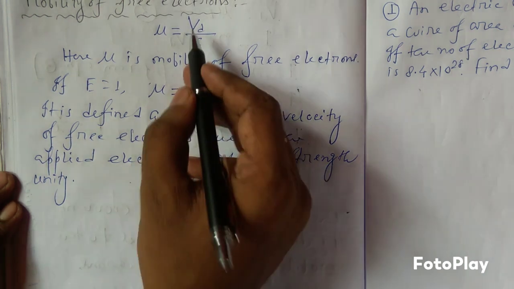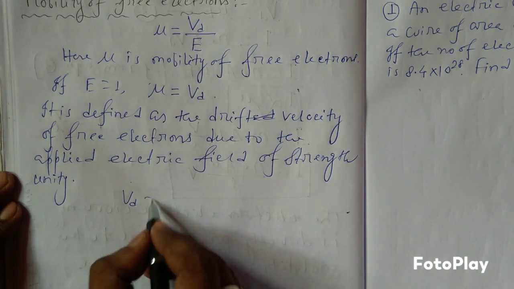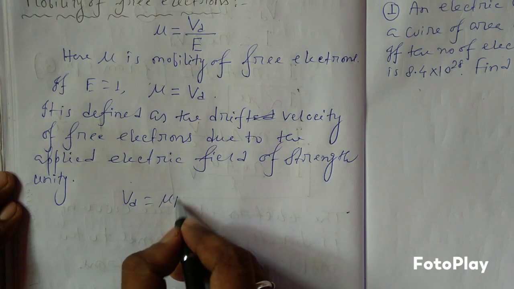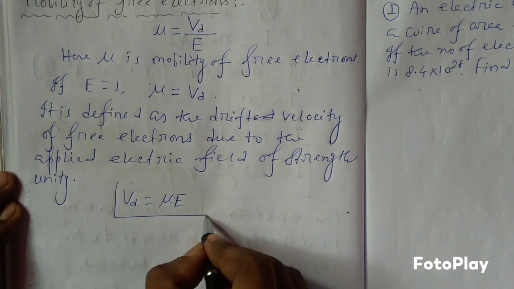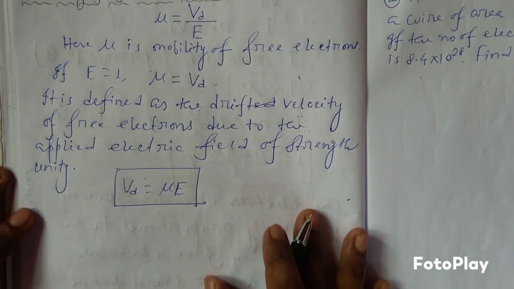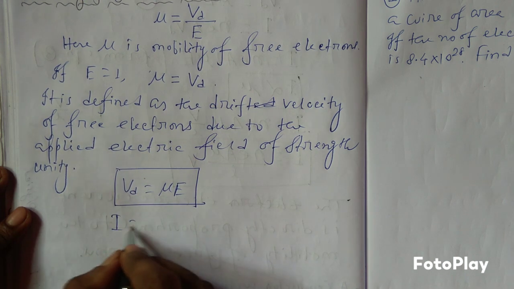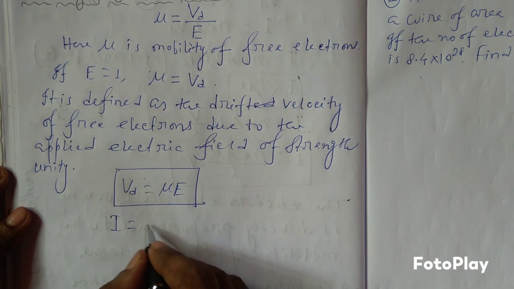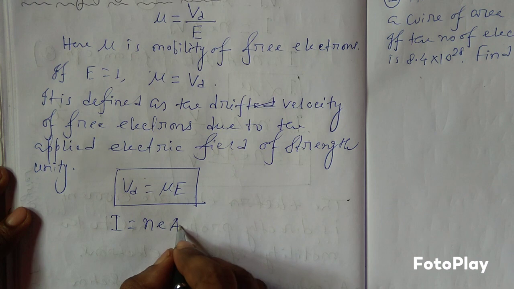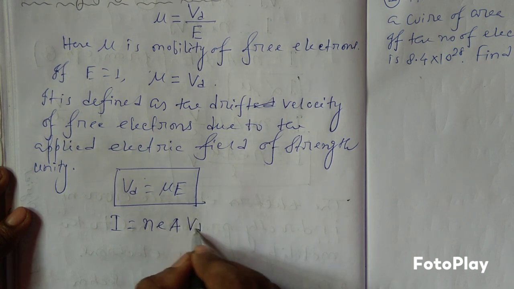So from this equation we get Vd equal to mu into E. Again I know that I equal to NEA into Vd.